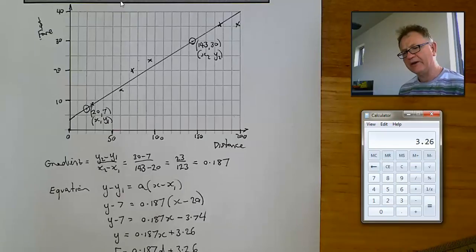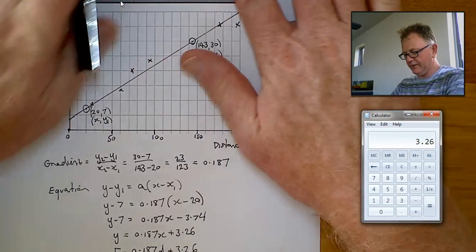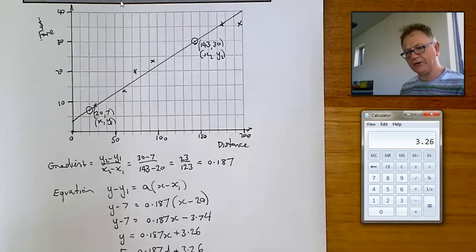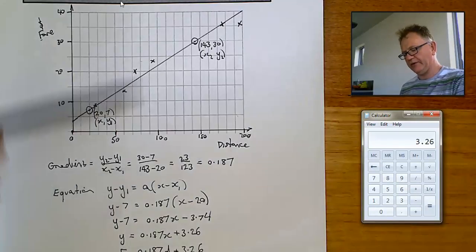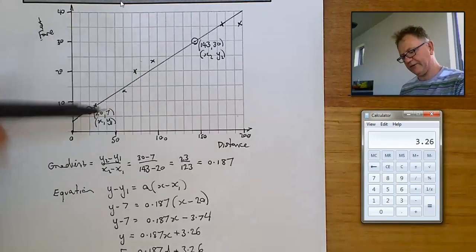It looks like they've kind of got a set fee they charge, 3.26 plus something which is based roughly upon the distance which is travelled. This number here, the 0.187d, represents the amount charged per kilometre. It's the gradient of the graph, so it's the amount of fare per distance, in this case per kilometre.